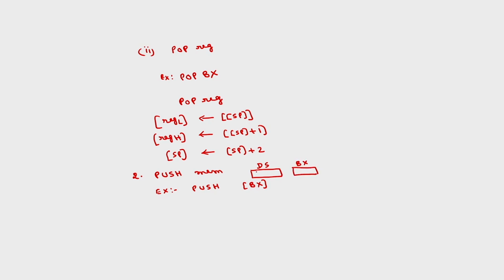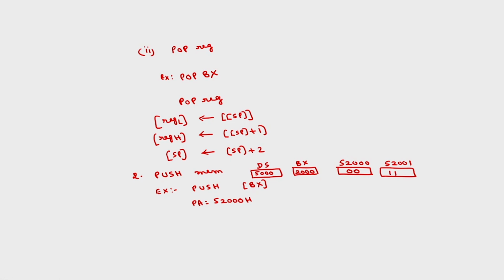BX is 5000, 2000, then the physical address will be 52,000, and let's say 52,000 and 52,001 have some contents, say 00 and 11.